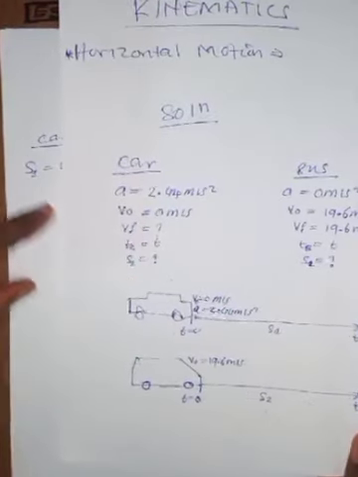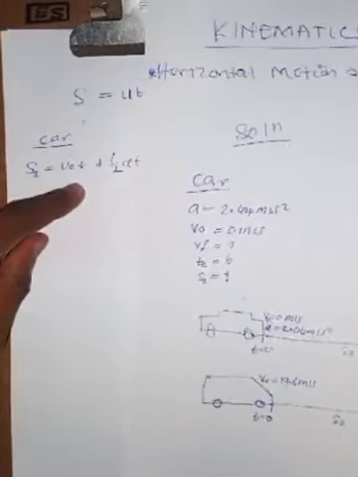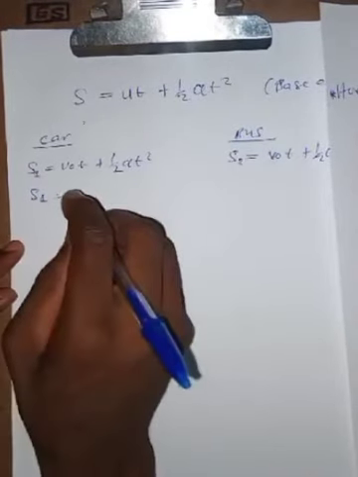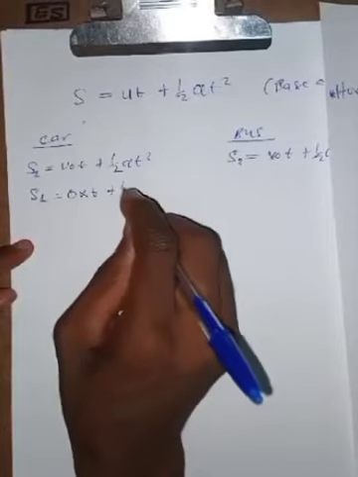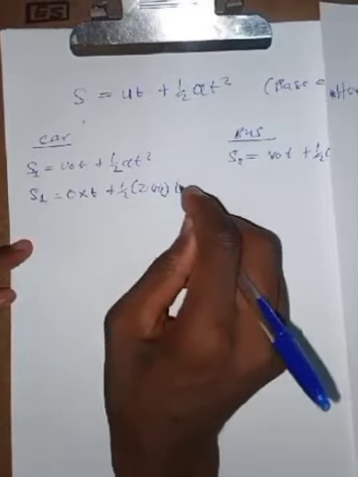So we are going to plug in this information in this equation, because we know the final velocity, meaning it's not needed in this equation. Are we together? So S1 equals initial velocity, which is 0, times time plus 1 over 2 acceleration, 2.44, times time squared. Time was still t.